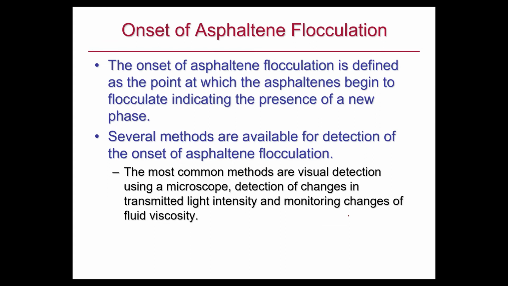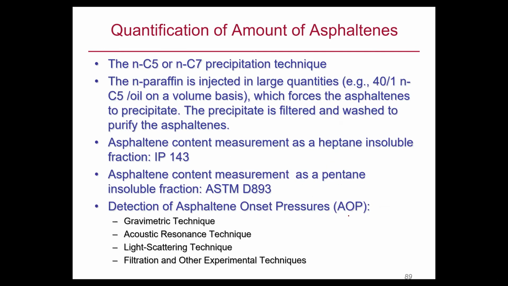If you have asphaltene particles, they reduce the amount of light coming from the other end of the cell, and it's called the solid detection system, SDS. There are various bases, and here I mentioned 40:1, for asphaltene measurement and detecting the asphaltene onset point.